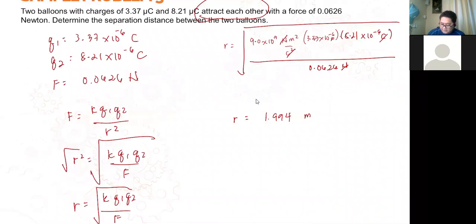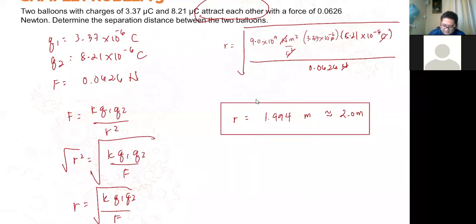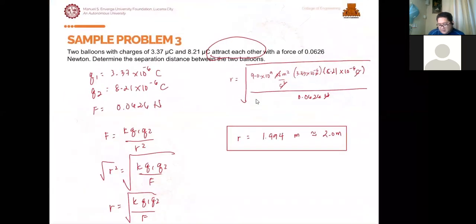Okay? So that is fine. Maybe in the choices there is 2.0 meters. It depends on the choices in a multiple choice exam, if the problem is multiple choice. But 2 decimal, 3 decimal, 4 decimal, or to the nearest whole number can be accepted.